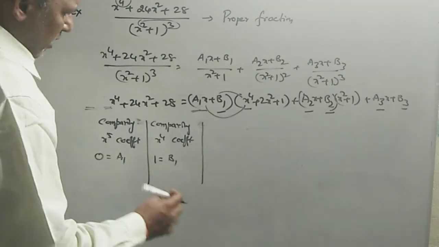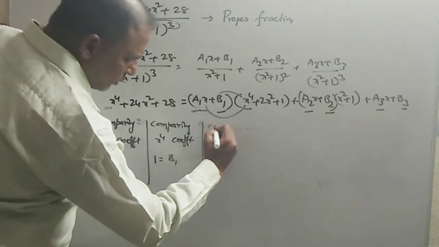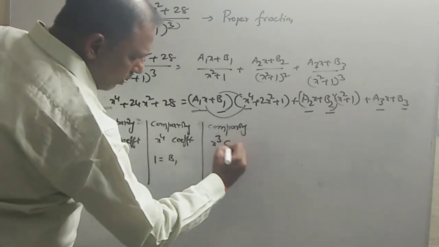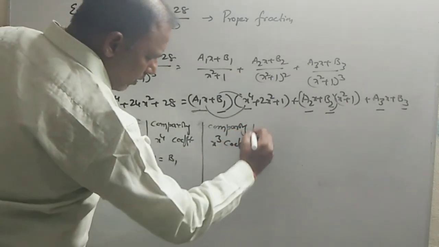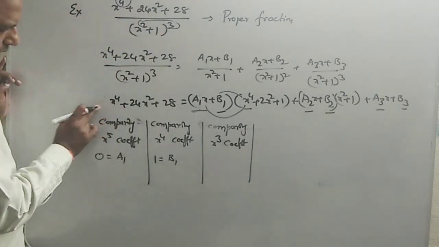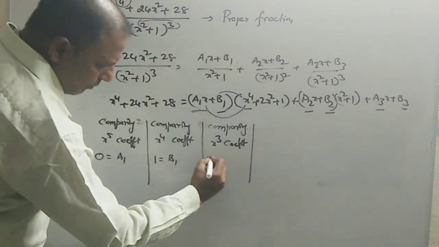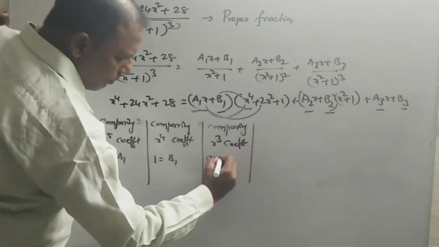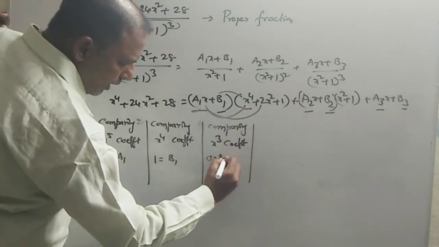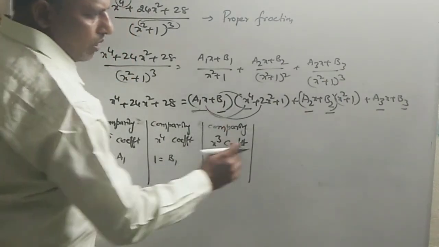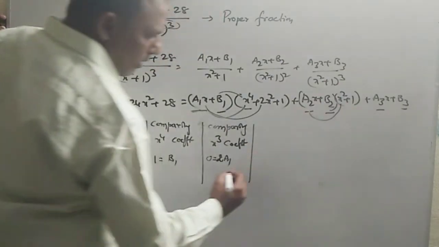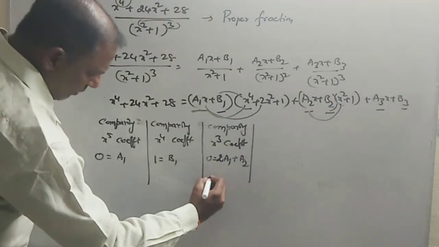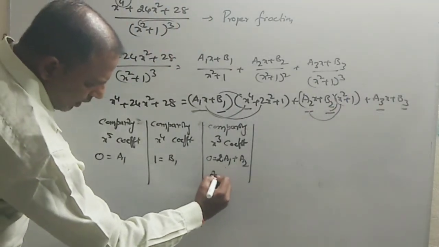Next, comparing x power 3 coefficient. The x power 3 coefficient in LHS is 0, and here it is 2a1, b1 is not there. For a2 it is plus a2, and there is no other x cubed coefficient, therefore since a1 is 0, a2 is also 0.